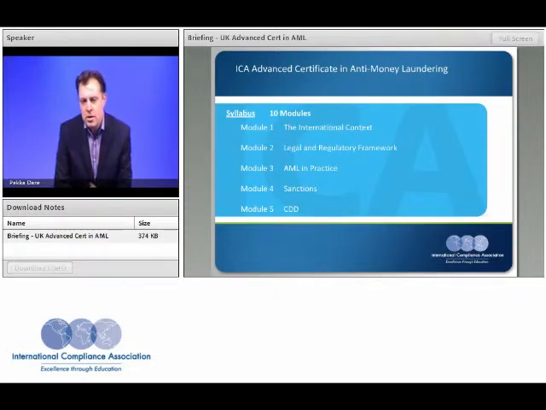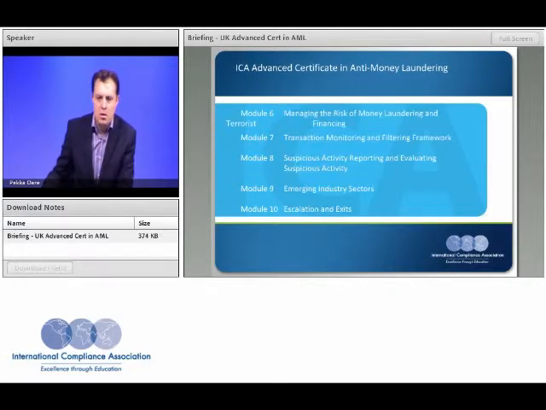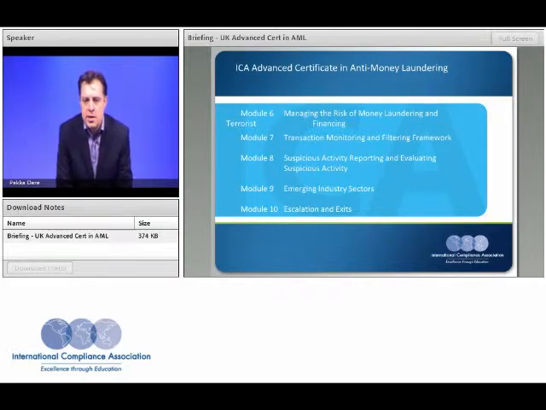We'll talk about this through a mixture of practical case studies and tools which are designed to help you and your organisation think more critically about these issues. Module 6 is all about the risks of terrorist financing and money laundering in practice and how to mitigate those risks. So looking at case studies and typologies as well as the controls.